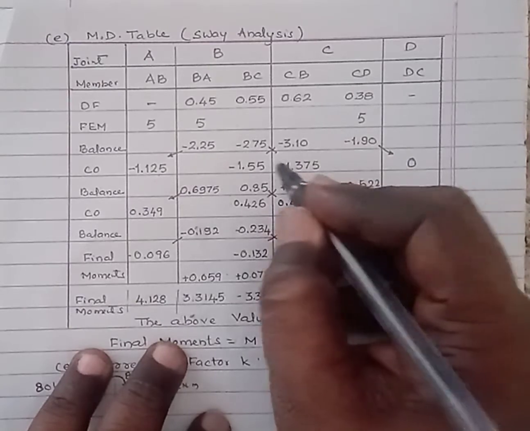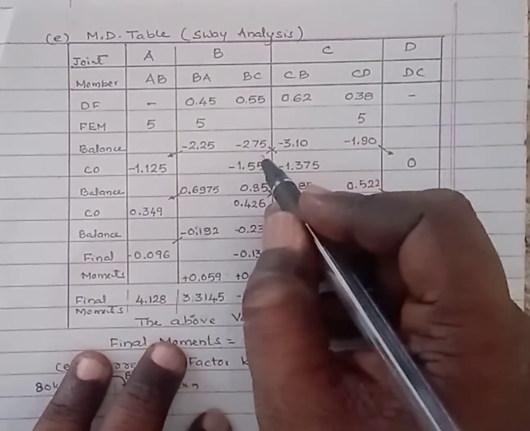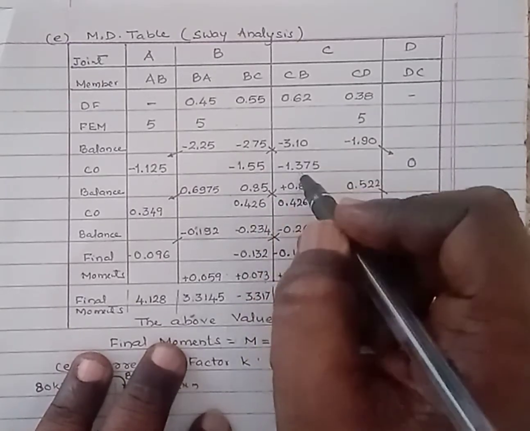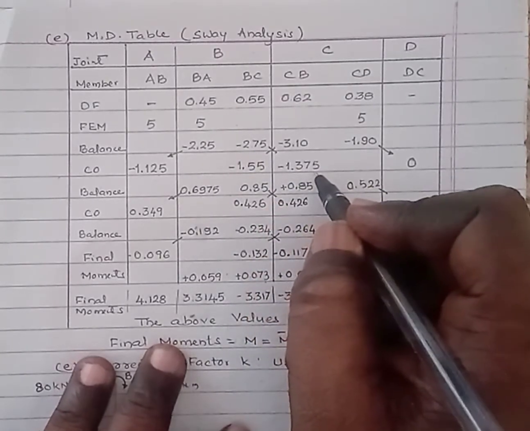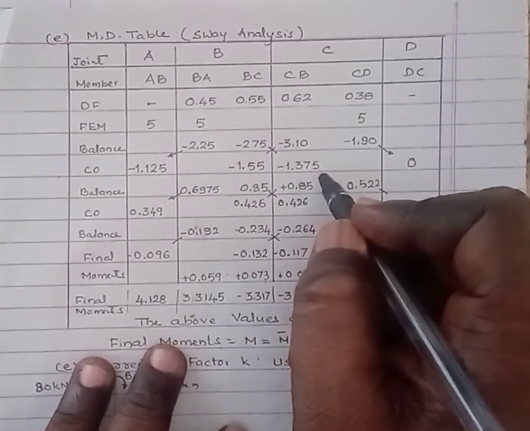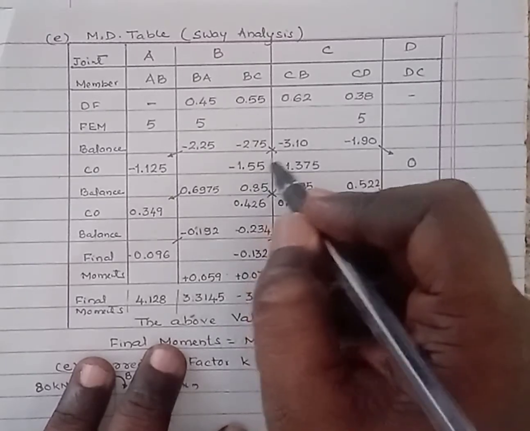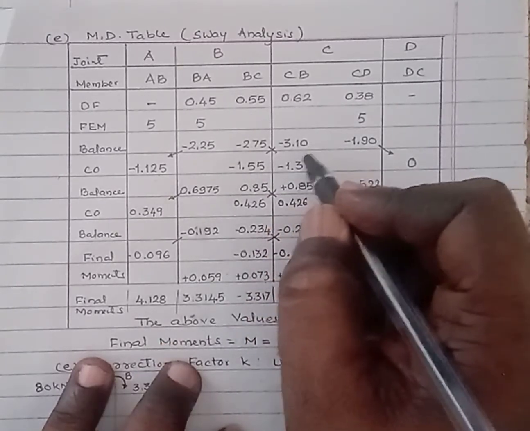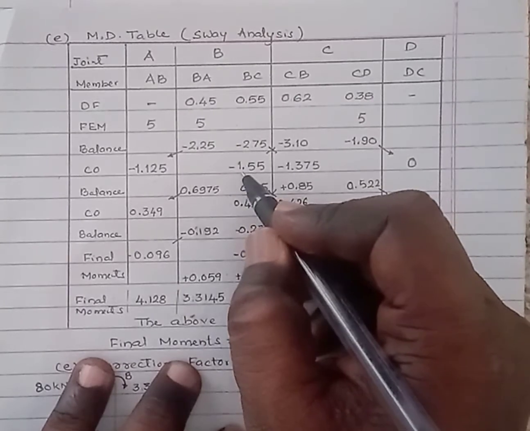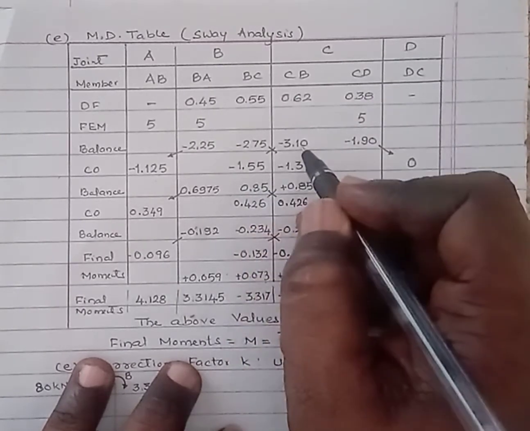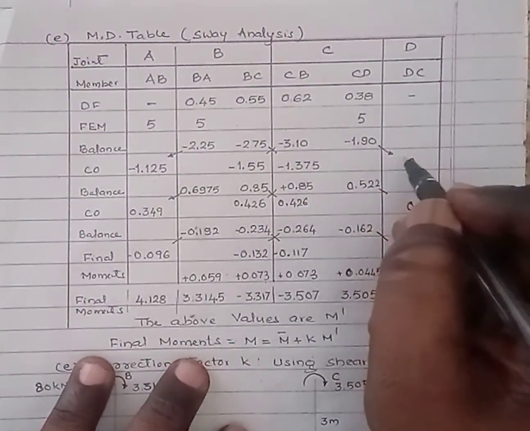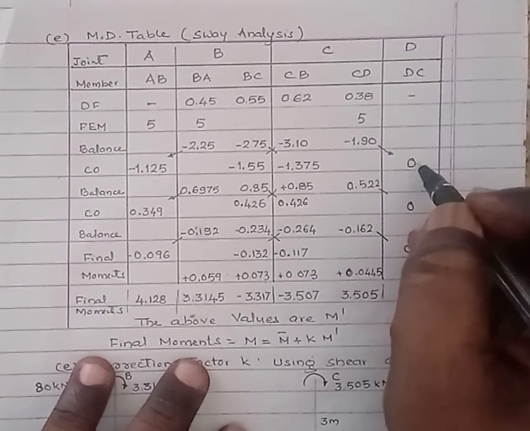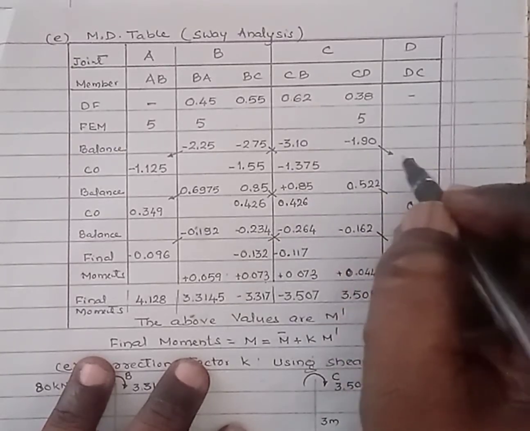Then from B to C, 50% of the moment is carried from B to C, that is minus 2.75 by 2, that is minus 1.375. Again C to B, there is a carryover, minus 3.10 into 0.5, that equals minus 1.55 for C to B. Then C to D, the end support is hinge, no need to carry over.